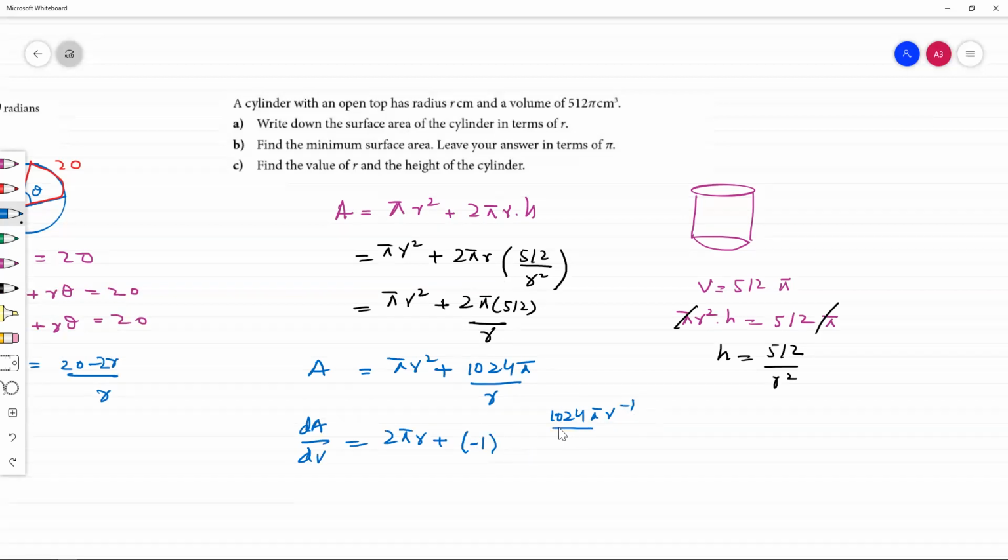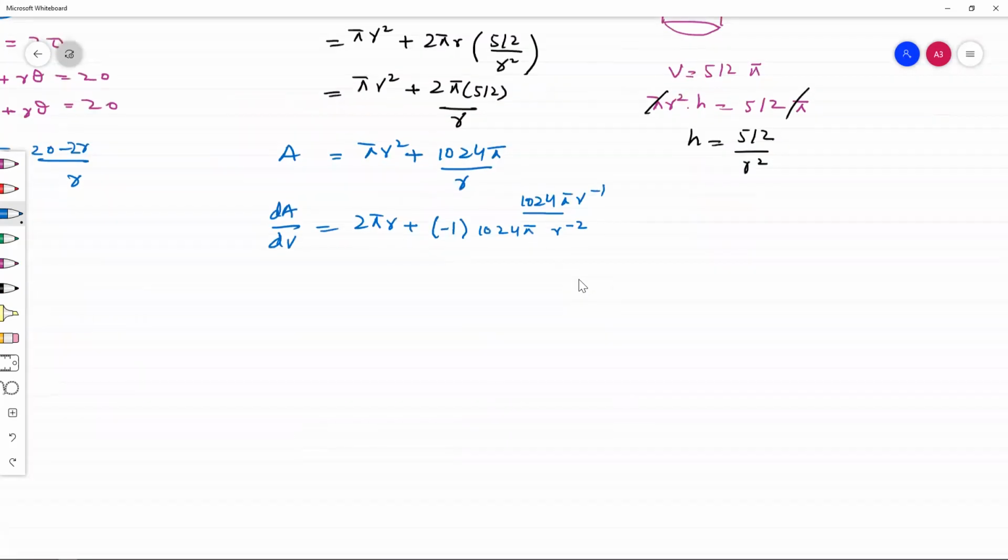This is constant, this will remain the same. This would become minus r square. So put this equal to 0: 2 pi r minus 1024 pi divided by r square equal to 0.